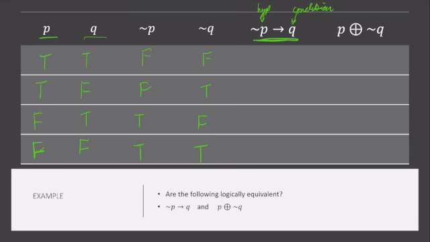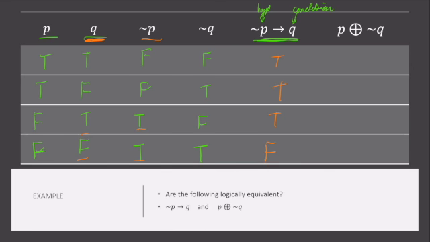Okay, so I have false implies, well, I want to look at these 2 columns right here, not P and Q. I have false implies true, which is true. I have false implies false, that's also true. True implies true, that's true. And true implies false, that's false. Okay, so that didn't quite work.